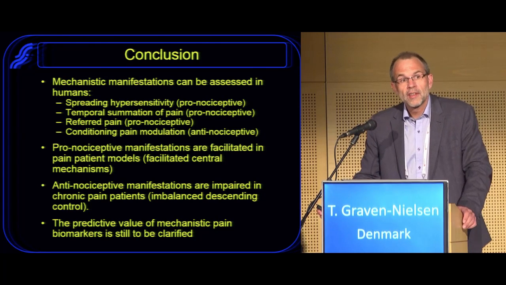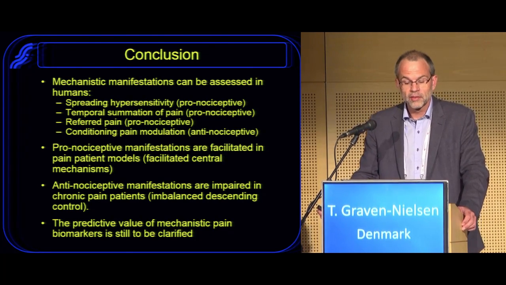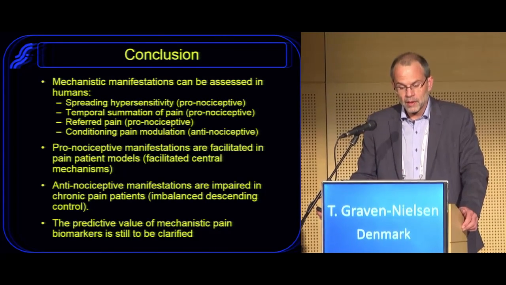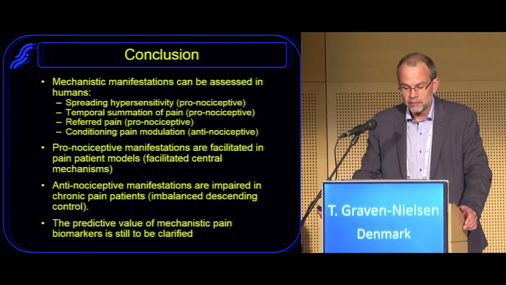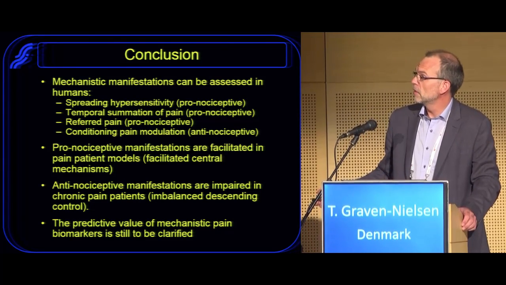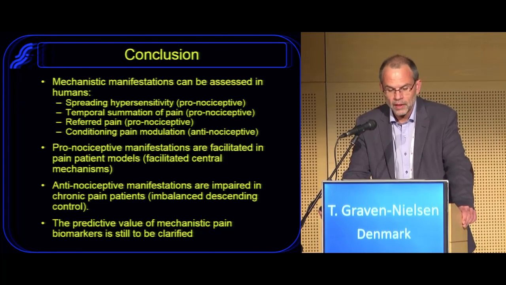I've presented that the pro-nociceptive manifestations are facilitated in various patient pain models, where they probably have facilitated central mechanisms. And I've also illustrated that the anti-nociceptive manifestations are impaired in chronic pain patients.